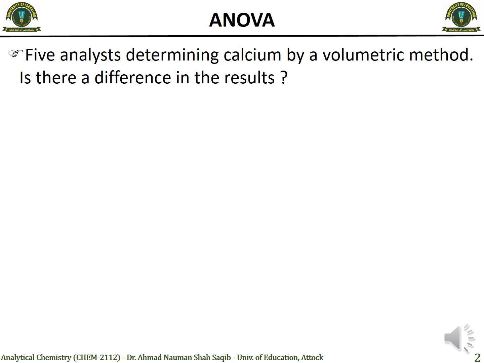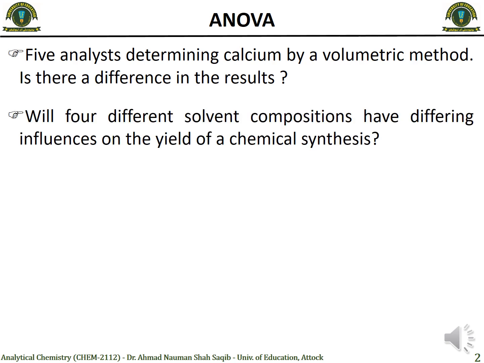Or, for example, we have 4 different solvent compositions and we are using them for the synthesis of some specific chemicals. Will these different solvent compositions affect the actual yield of the chemical synthesis or not?